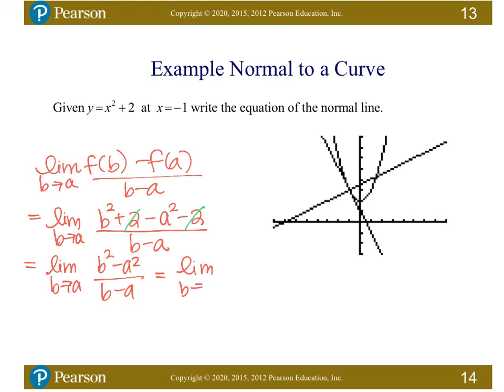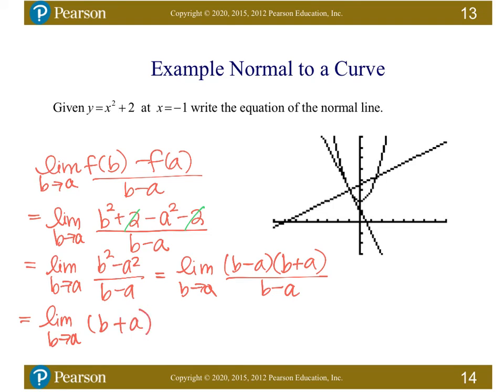So in Leibniz, with polynomials, that will always happen. Well, you'll have (b minus a)(b plus a) over b minus a. So that can totally reduce. So you'll have the limit as b approaches a of b plus a.